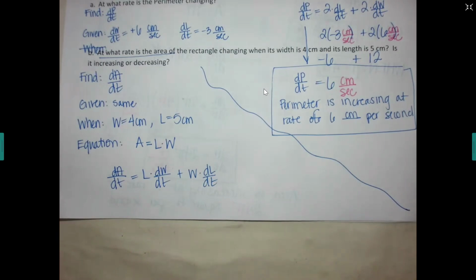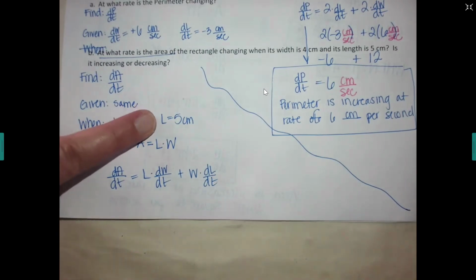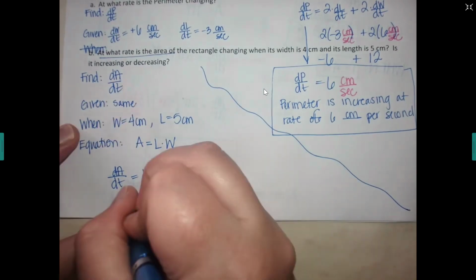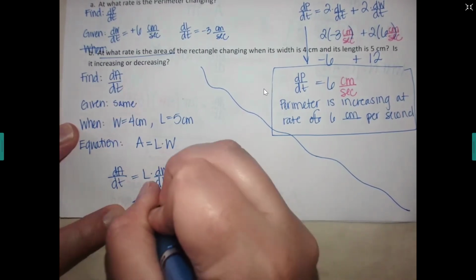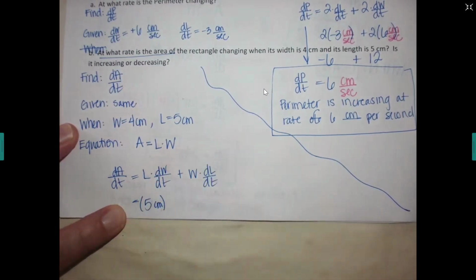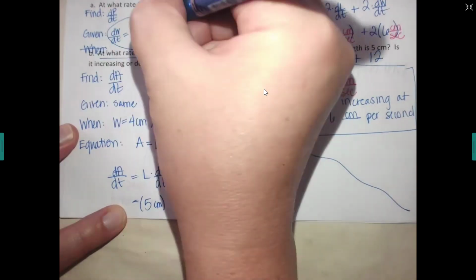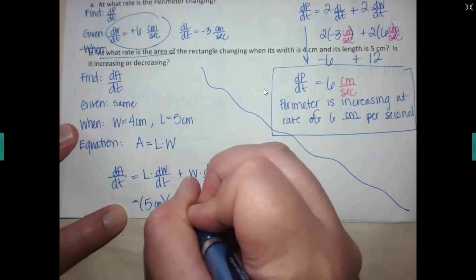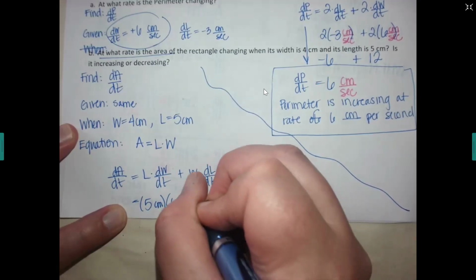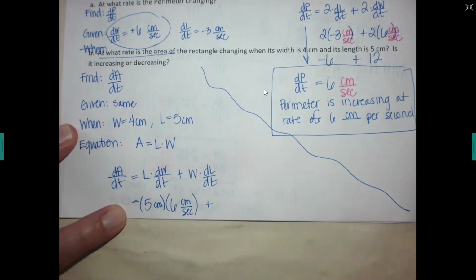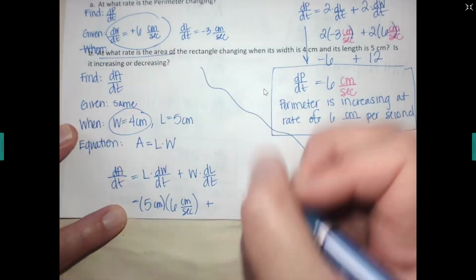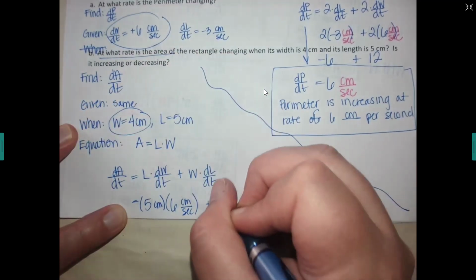So my length is 5 centimeters. My dW/dt is 6, and it's centimeters per second. My width is 4 centimeters.